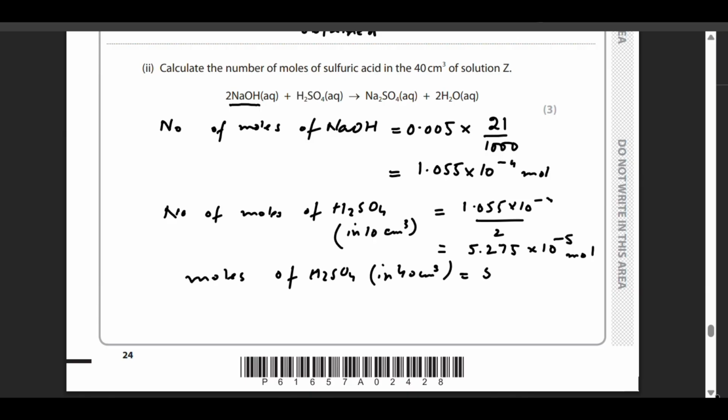If you calculate for 40, it will increase 4 times. So you will multiply this by 4. And then you will get the answer, the moles. Now you have the moles of sulfuric acid.